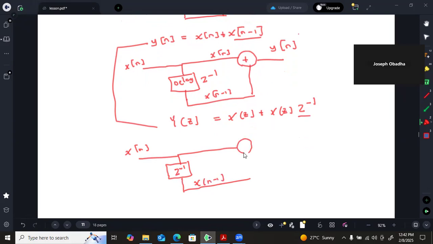Then here I have a summation of the two, x of n and x of n minus 1, so that I have x of n plus x of n minus 1, this being y of n.